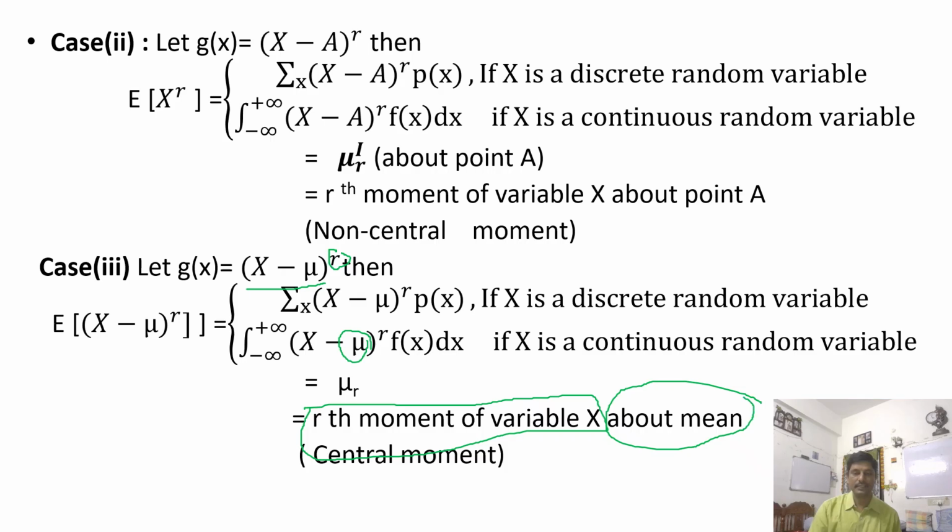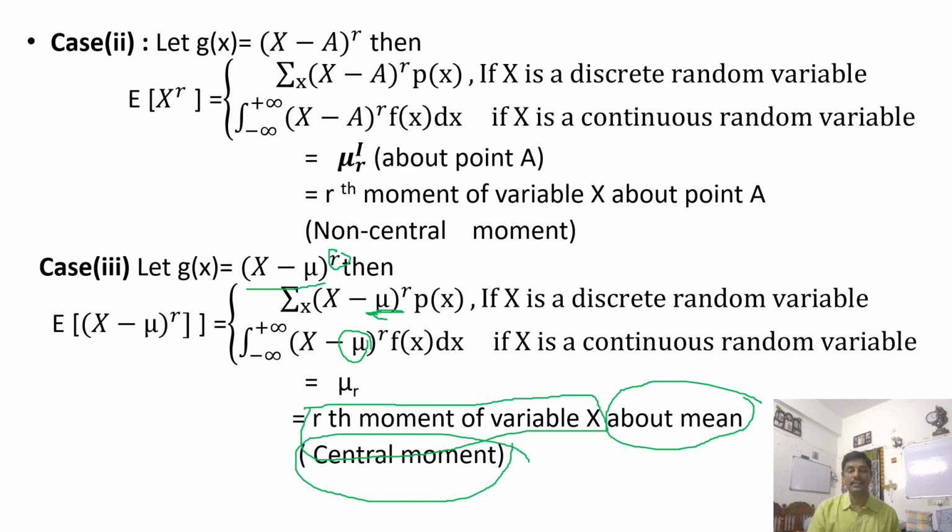The minus tells us about mu. So we are finding the expectation of the function g of x, the rth moment of variable x about the mean. This is called the central moment. Why is it called the central moment? Central tendencies.